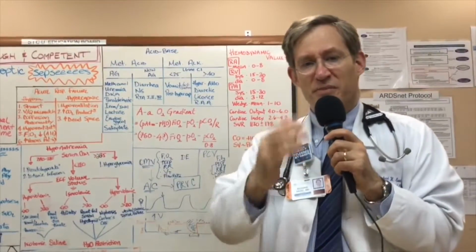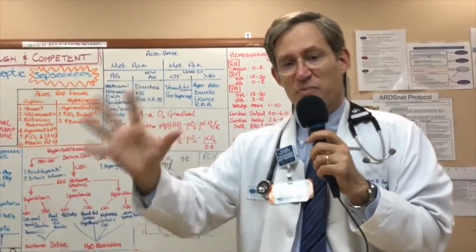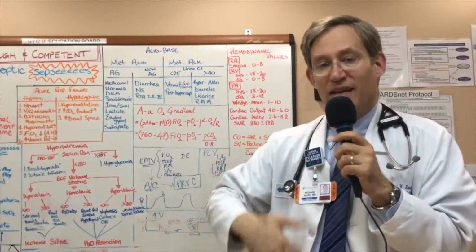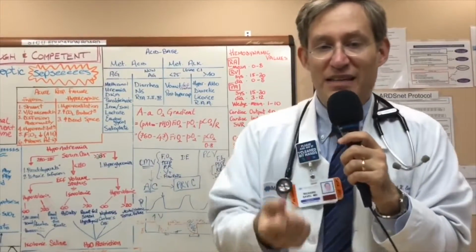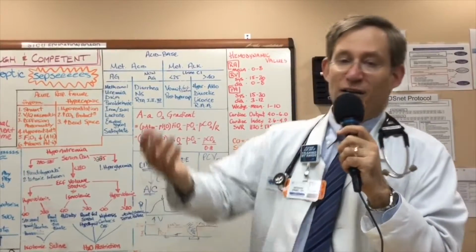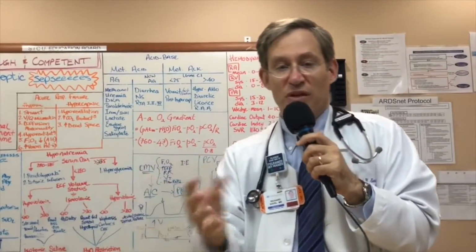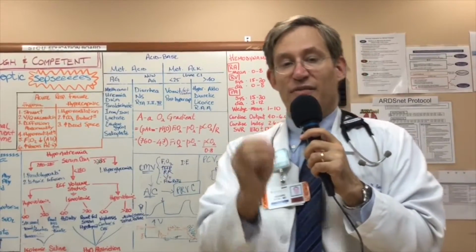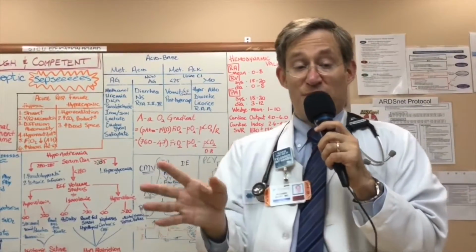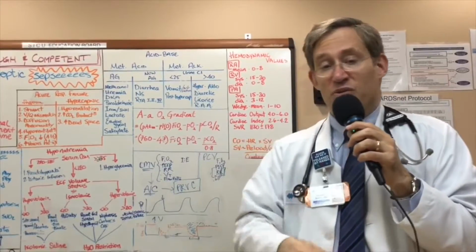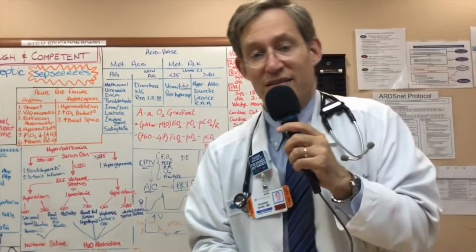So a COPD is somebody with a chronic respiratory acidosis with metabolic compensation. Then they come in with a CHF exacerbation and they need to be diuresed, which makes their serum bicarb go up even more. And their response to that is to retain even more CO2. So you can see that an understanding of acid-base disorders can be the difference between life and death for a patient with something as simple as COPD and CHF.